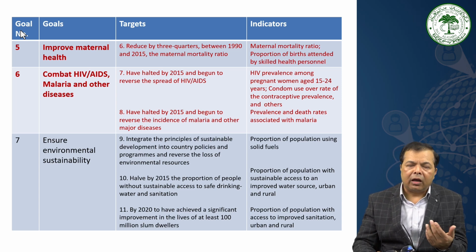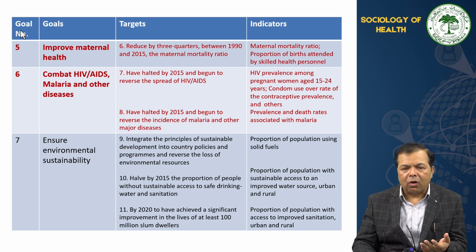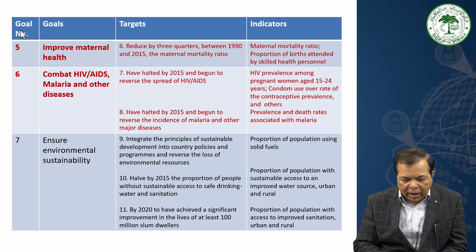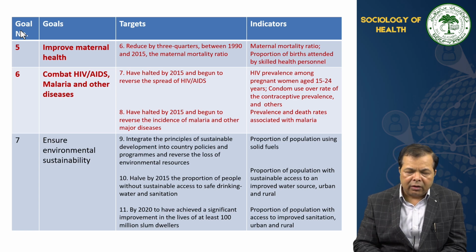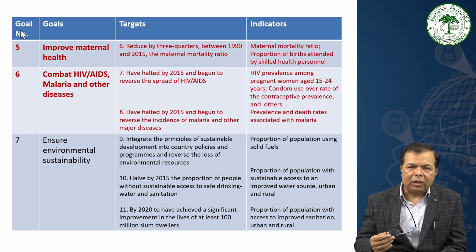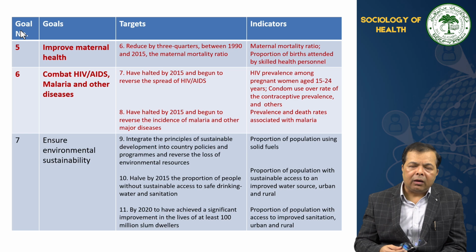That means the target is to control HIV AIDS by 2015. And the other target is have halted by 2015 and begun to reverse the incidence of malaria and other major diseases. Right? That means whether it is HIV AIDS or malaria or other communicable disease, those should be halted by 2015. That was the target, and then reverse the process after that.